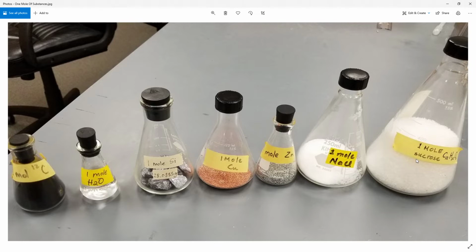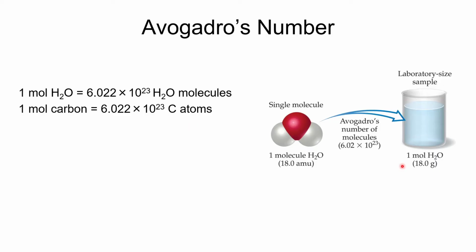The reason I do this is to point out that 1 mole looks a lot different depending on what substance you're talking about. There are just as many water molecules in the water container over here on the left as there are sugar molecules in this container. So again, what 1 mole looks like really depends on what substance you are talking about.